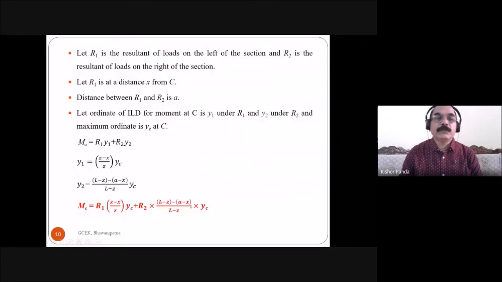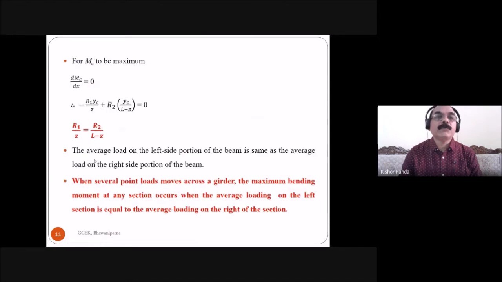This is the equation for the moment, and you take its differentiation with respect to X equal to 0. Then we will get the position of the maximum moment. dMC by dX is equal to 0. After taking the differentiation, minus R1 into YC by Z plus R2 YC by L minus Z is equal to 0.